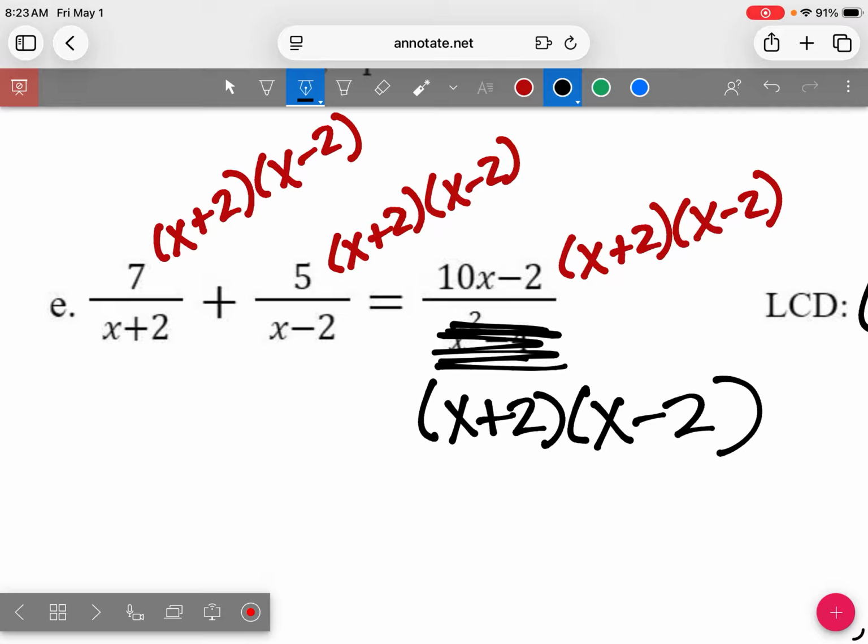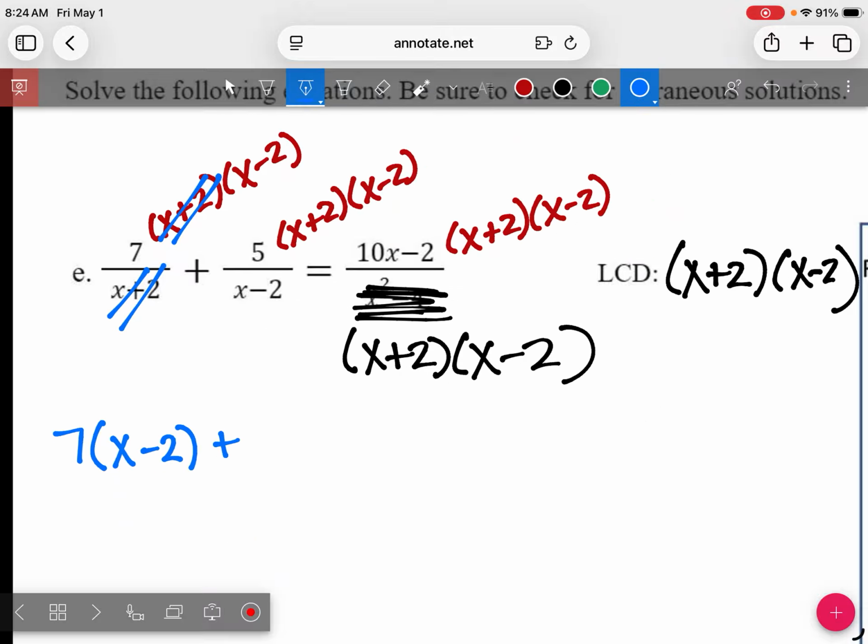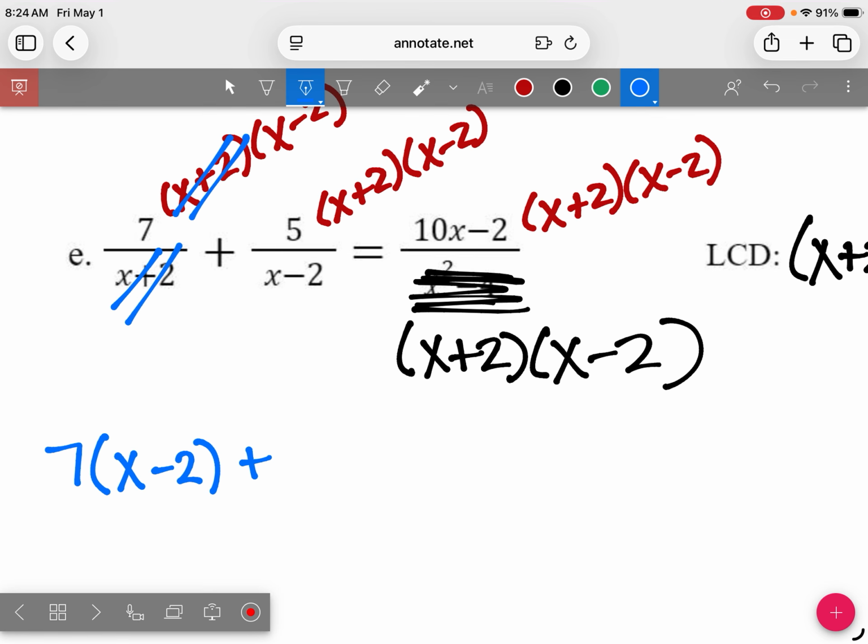So on the first fraction, I can cancel out x plus 2. And that's going to leave me with 7 times x minus 2. Bring down the addition sign. Okay, what cancels out on my second fraction? x minus 2, good. Cross that out.